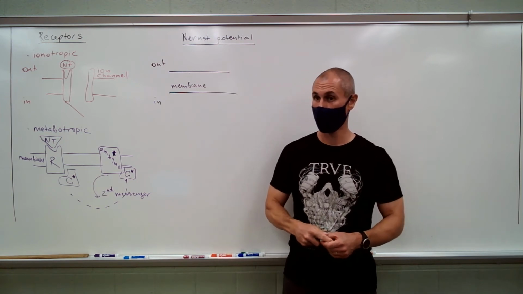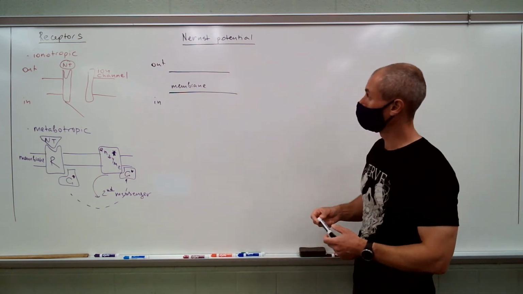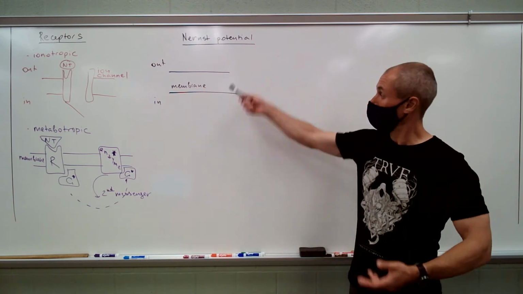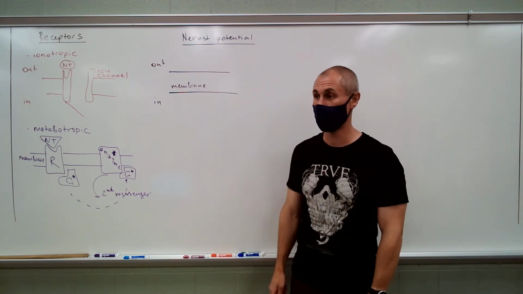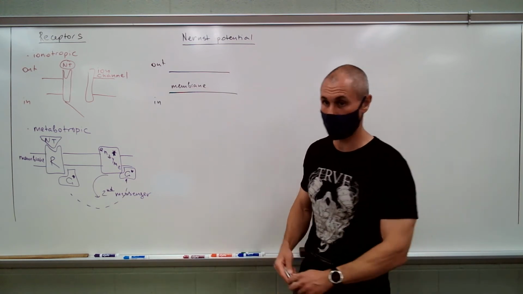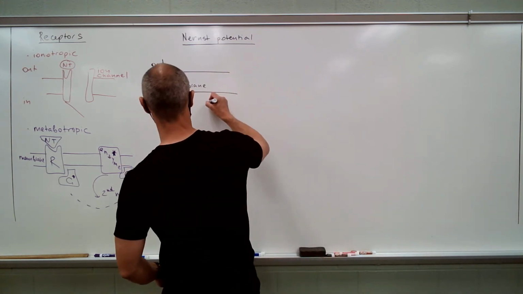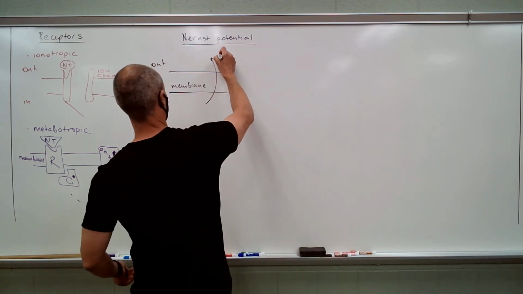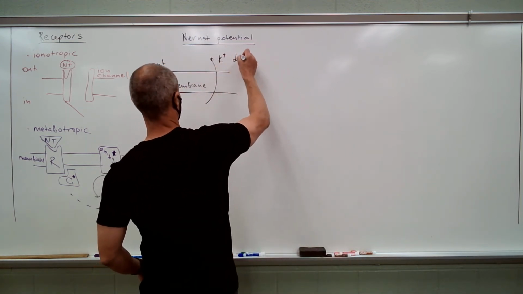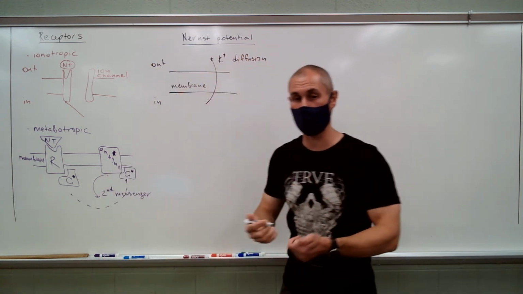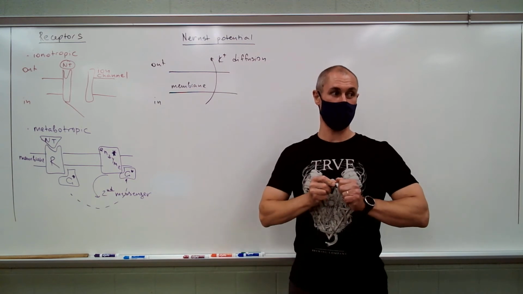Okay? So, it's permeable. Where does potassium go? From inside to outside, right? So this is your potassium diffusion. I'm not drawing any channels. Okay, just diffusion. So that's potassium diffusion. It's a process that depends on the chemical gradient.